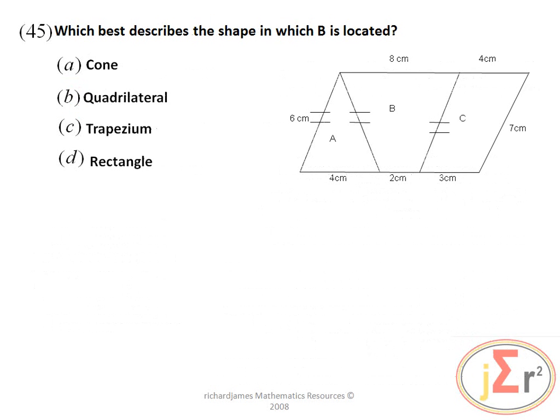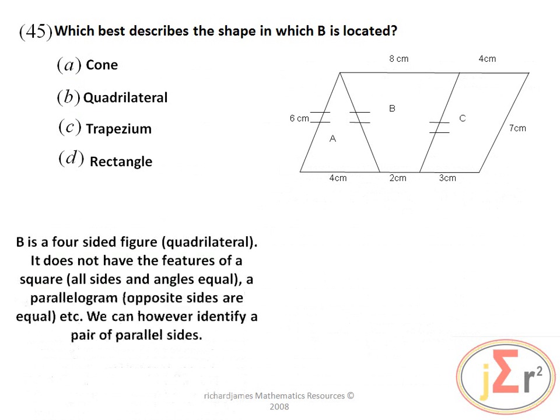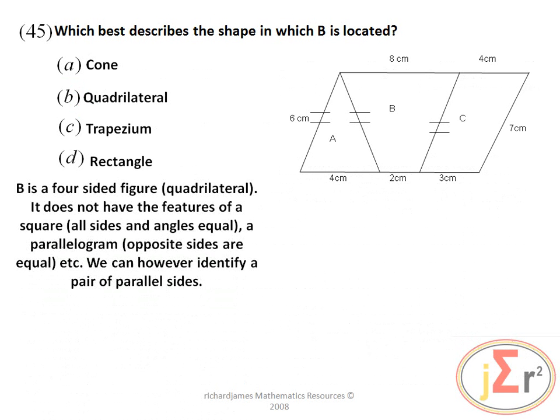Which best describes the shape in which B is located? B is a four-sided figure, which is of course a quadrilateral. It does not have the features of a square, in which all sides and angles are equal, and it does not have the features of a parallelogram, in which opposite sides are equal and opposite sides are parallel.